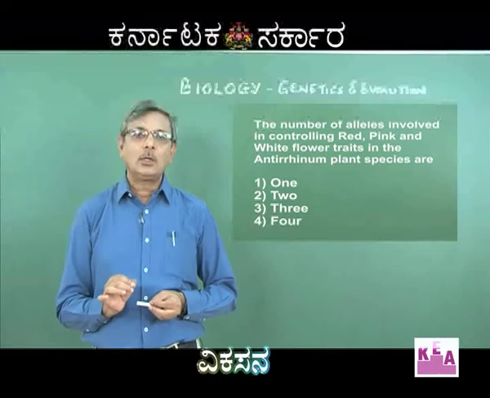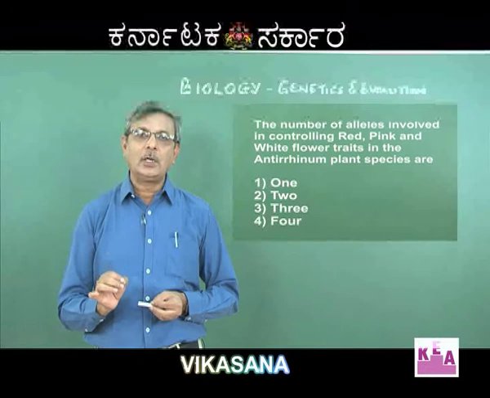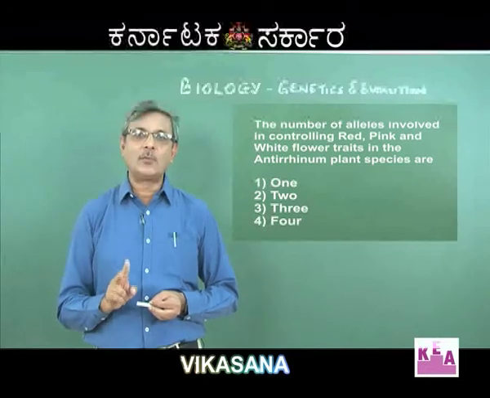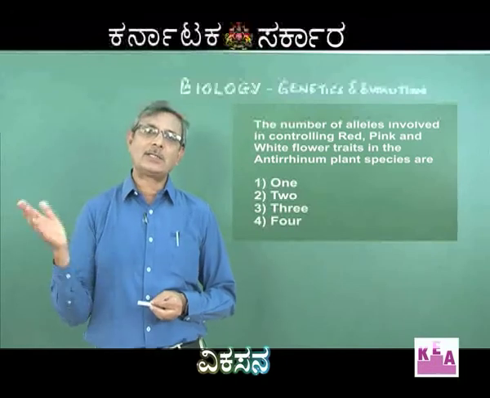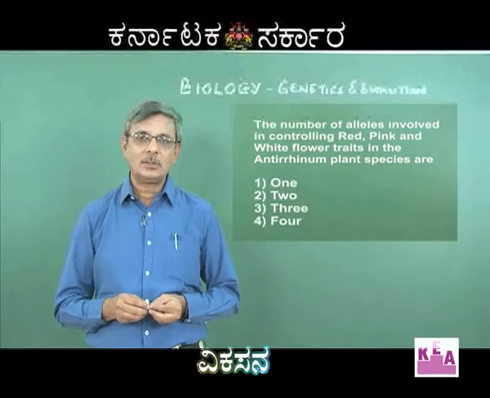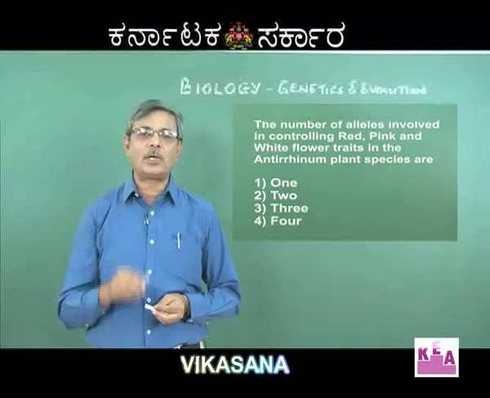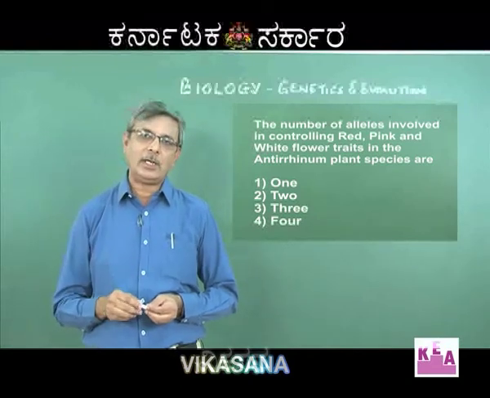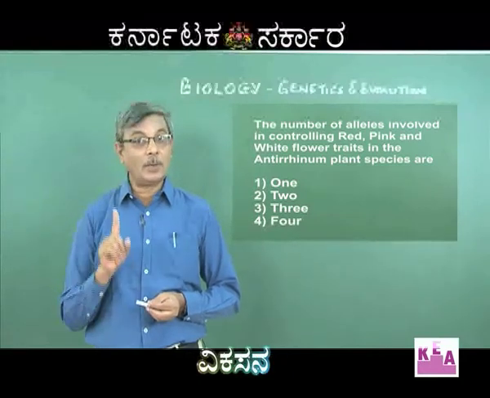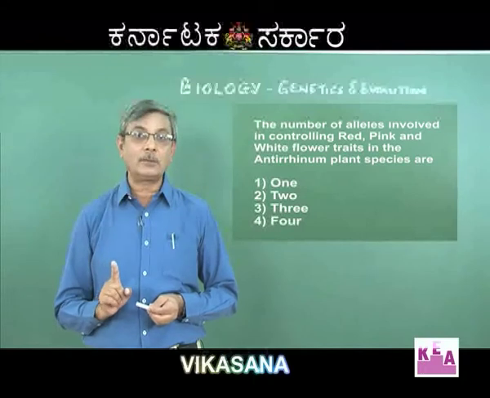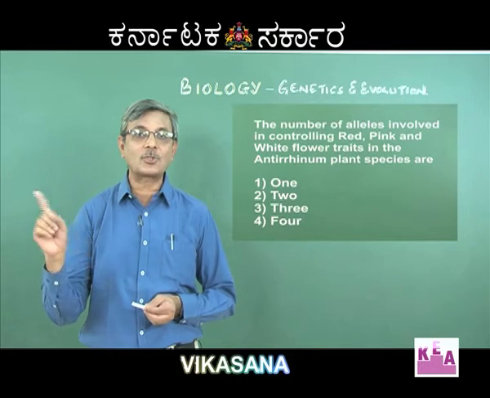So, we know the allele for red and the allele for white; when they come together, neither of them expresses its trait fully. So we call it incomplete dominance. Only two alleles are there, one for red flower trait and the other for white flower trait. When these two alleles come together, you get a pink flower. Remember, in the F2 generation, both the genotypic and phenotypic ratio happen to be 1:2:1.